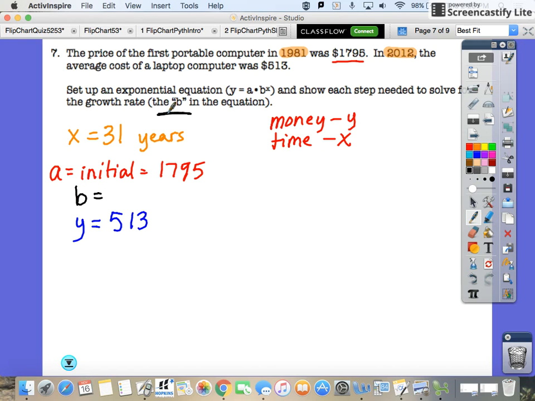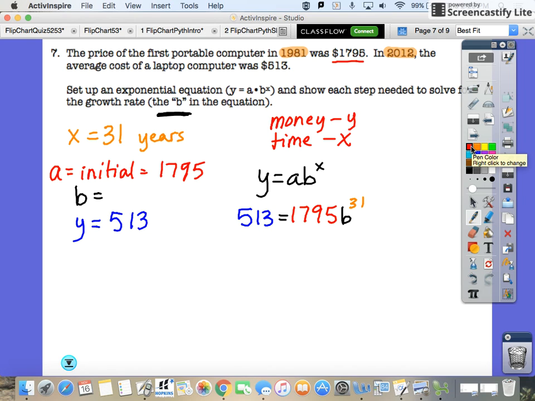They told us here too. So Y equals AB to the power of X. We know that Y is 513. That's equal to the initial computer cost times B to the power of 31, because it's 31 years between 1981 and 2012.